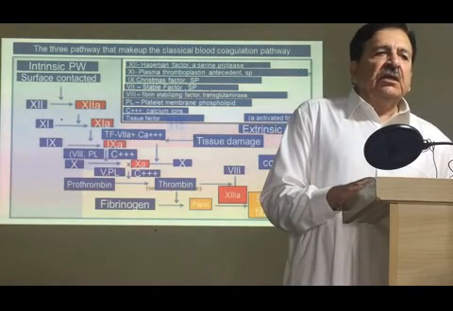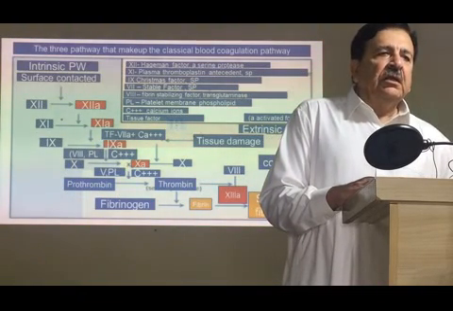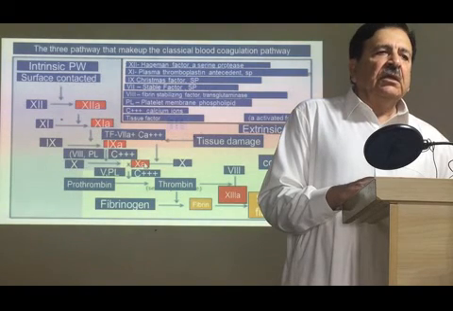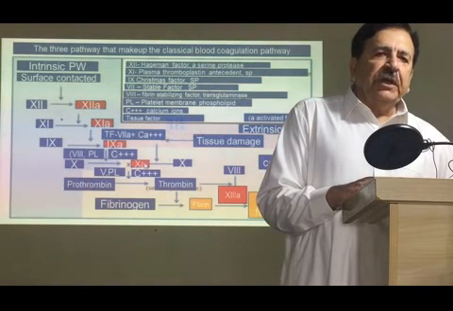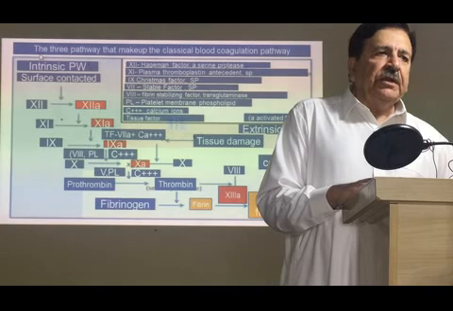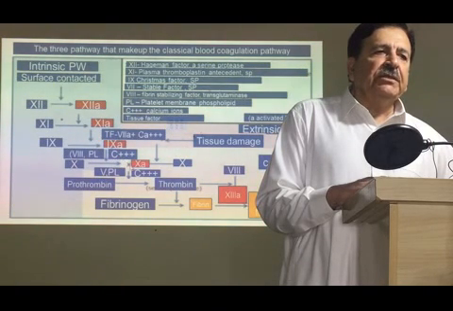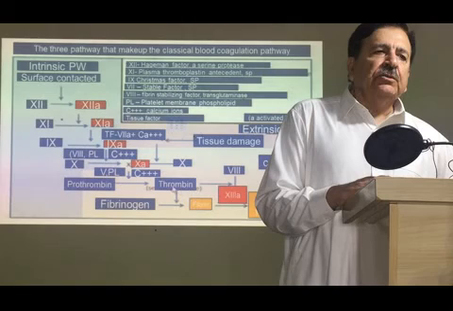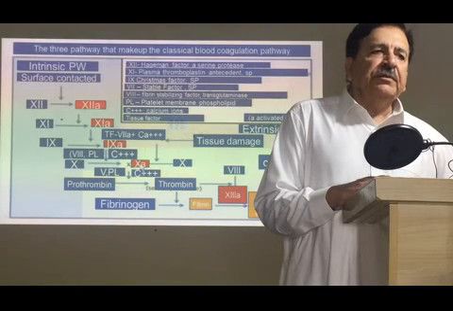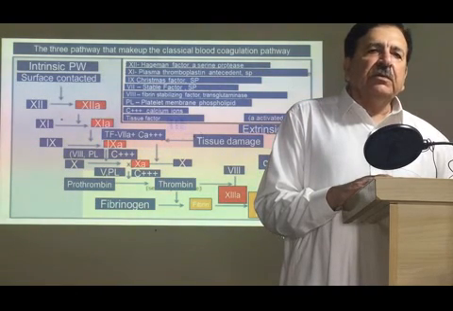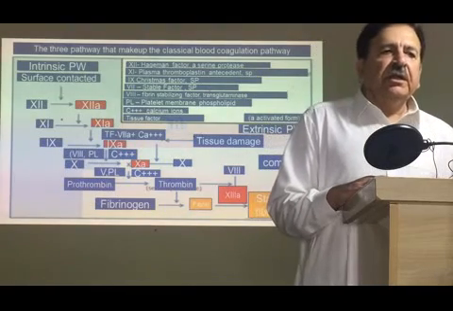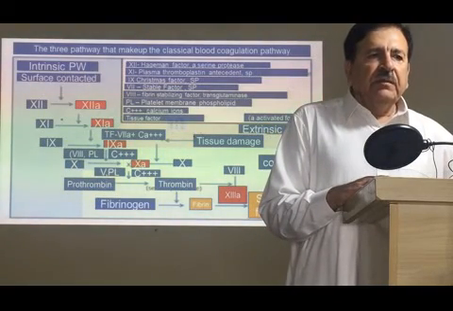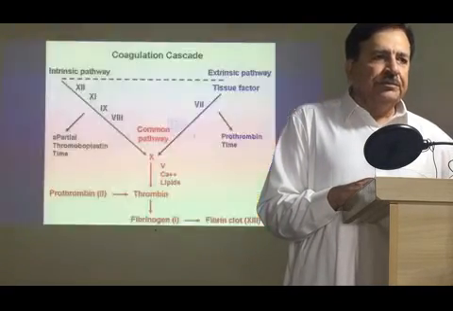So this was the whole story here. One thing is important, that the common pathway is activation of factor 10. You can see from here, when the intrinsic pathway is activated, it ultimately activates factor 10, and when the extrinsic pathway is activated, it also activates factor 10, and from here onward another pathway is started which ends in a stabilized fibrin clot.